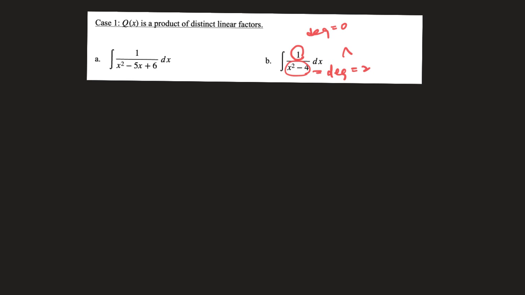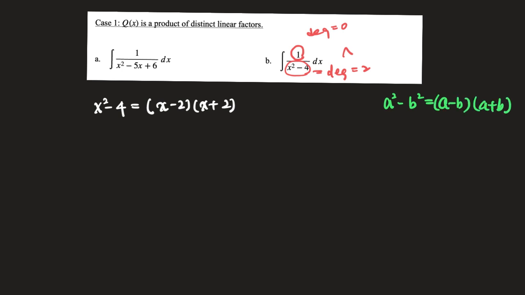So what you have to do is factor the denominator. Does everyone remember how to factor it? If not, I'm going to write it down for you: A squared minus B squared is (A minus B)(A plus B).